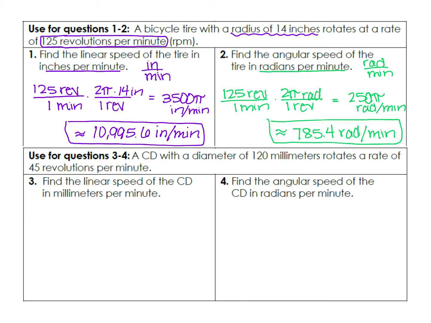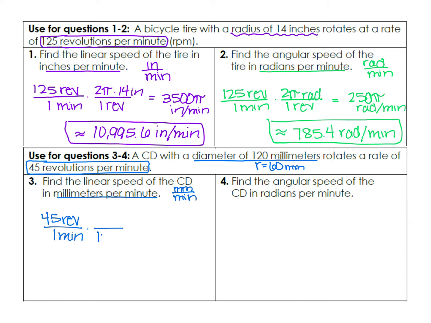And 3 and 4 are pretty much the same thing. This time, though, it gives us the diameter of 120 millimeters. So we say our radius would be half of that, or 60 millimeters. And it rotates at 45 revolutions per minute. If I want to end up in millimeters per minute, I'm starting with 45 revolutions in 1 minute. And I know one revolution is the circumference of that circle.